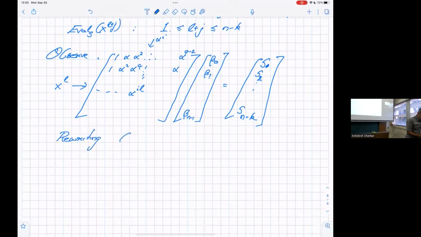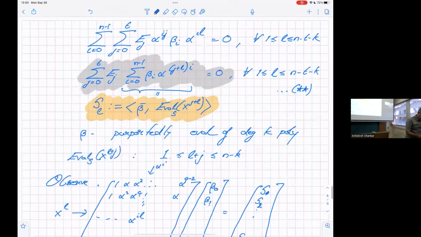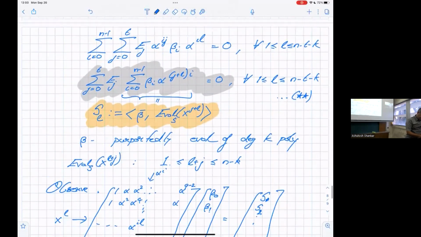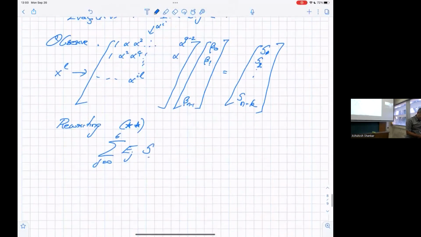Rewriting star, what we have is the summation over j of E_j times S_{j+i}. So this is what the E's have decided.